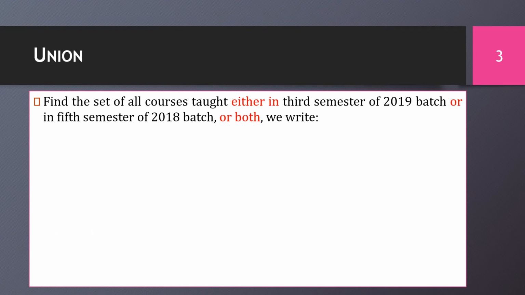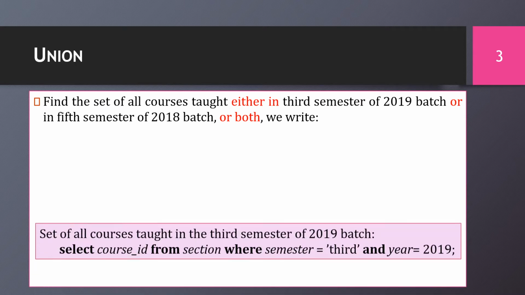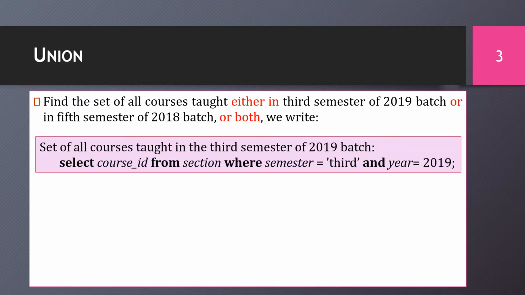An example for our union operation. We have to find out the set of all courses taught either in the third semester of 2019 batch or in the fifth semester of 2018 batch or both. So first we have to find out the courses taught in the third semester of 2019 batch.